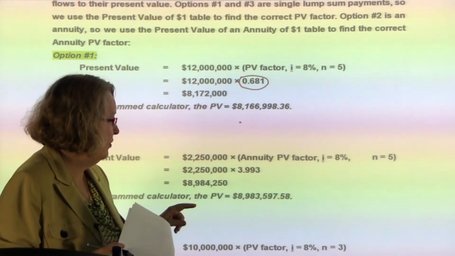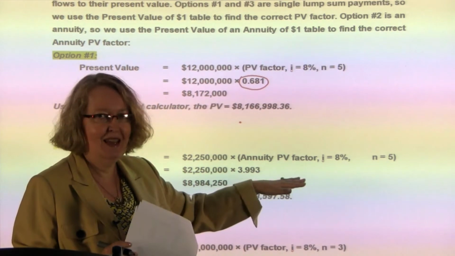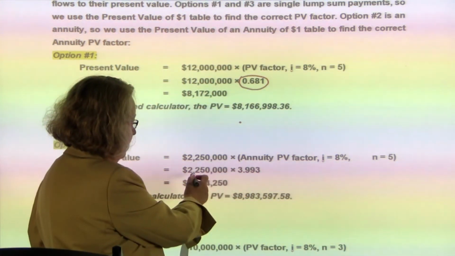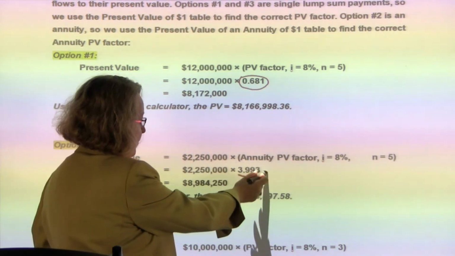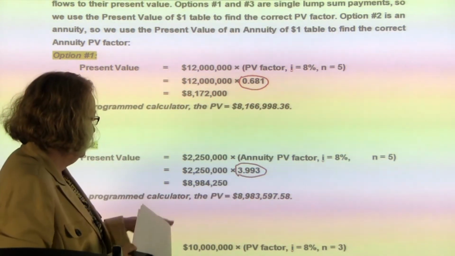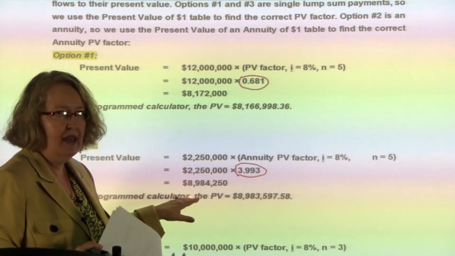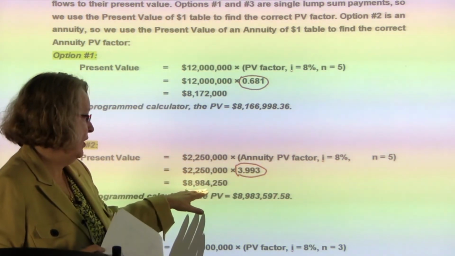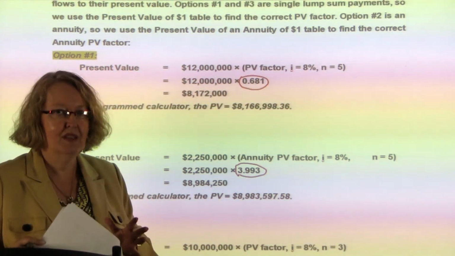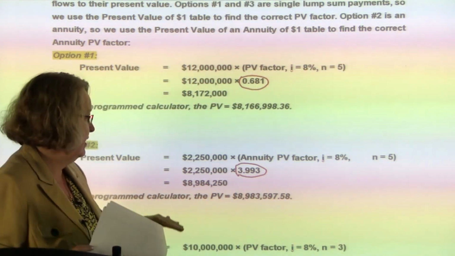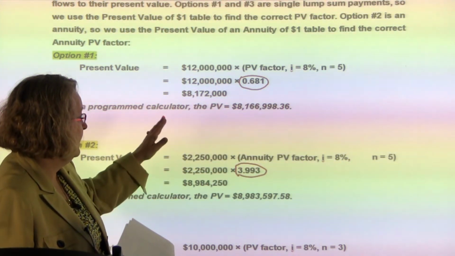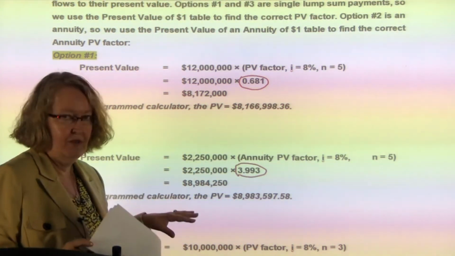And here, of course, you're going to have the same interest rate and the same number of periods, and the factor you're multiplying, the 2.250, is your 3.993, which comes right from the table. And that will give you a present value of $8,984,250. So taking the payments over the 5-year period will give you a higher present value than if you wait to the end of the 5 years.